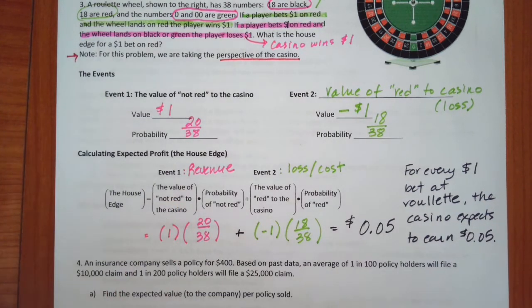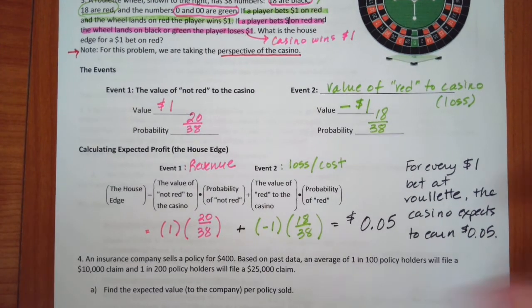Now that's over the long run. So if a bazillion people come in there and each of them put a dollar bet, they expect to earn 5 cents for every dollar that was bet on the roulette table.